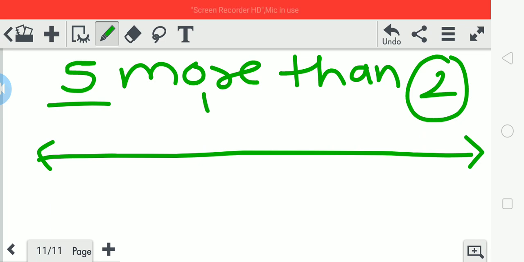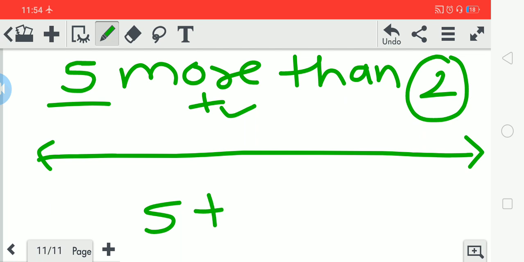And more means plus, so addition you have to do here. So simply you can say 5 plus 2, nothing but 7, right? So your answer will come 7, but we have to show by using the number line.